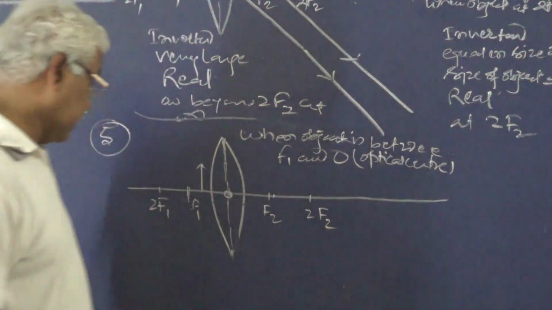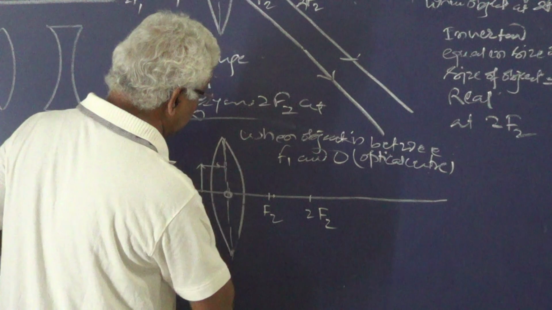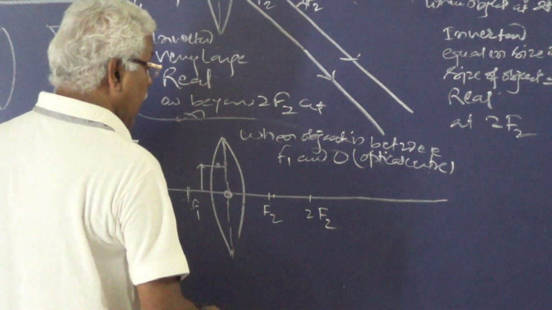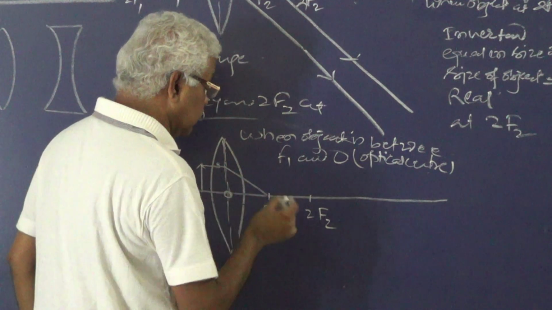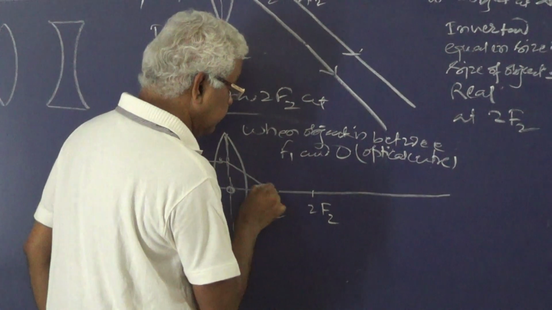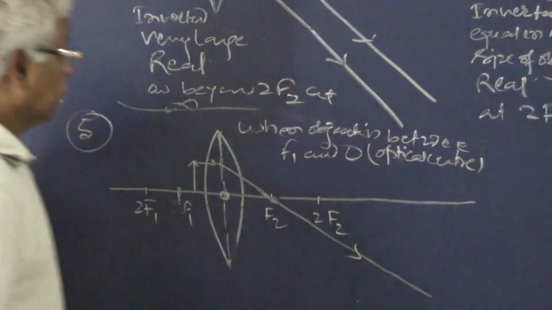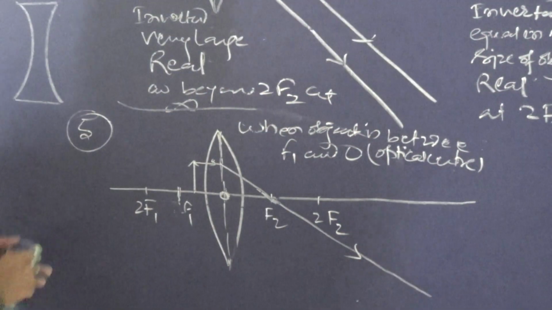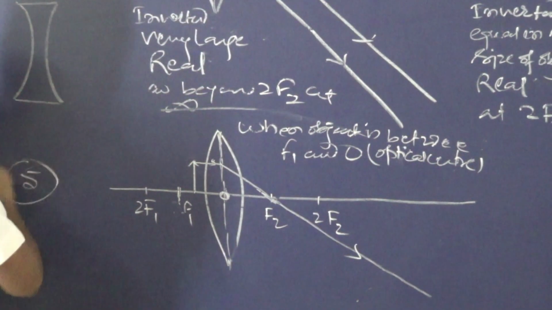Okay? Now see, in this, a ray parallel to the principal axis, after refraction, will pass through F2. Okay, this is our fifth case.